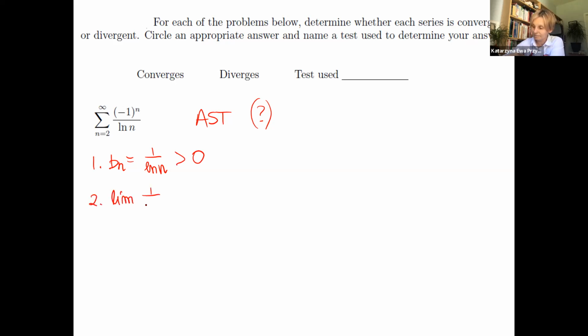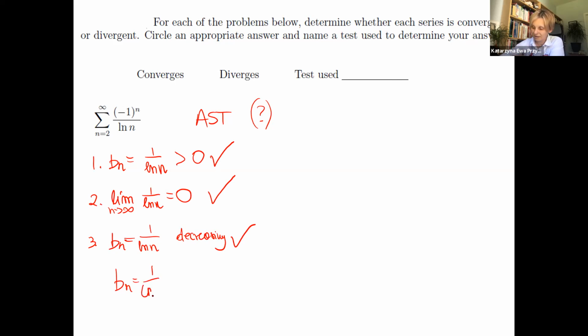Limit: is this limit 0 at infinity? And b sub n must be decreasing. Decreasing, limit 0. That means this is correct.